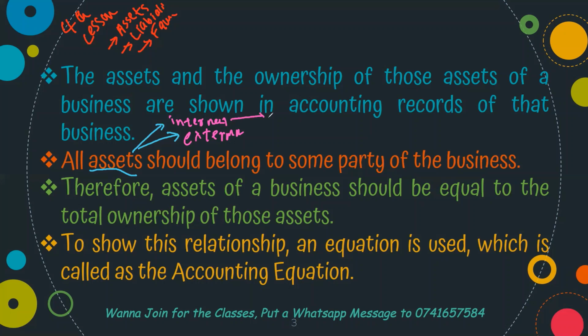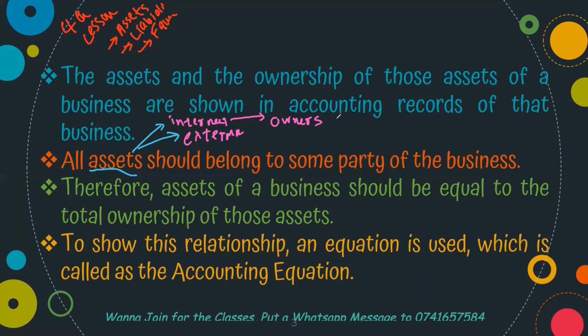Internal party means in a sole proprietorship we can take owners. Normally in sole proprietorship businesses, owners are the ones who provide resources to the business. Examples for resources, we can take assets like land, a motor car, cash.